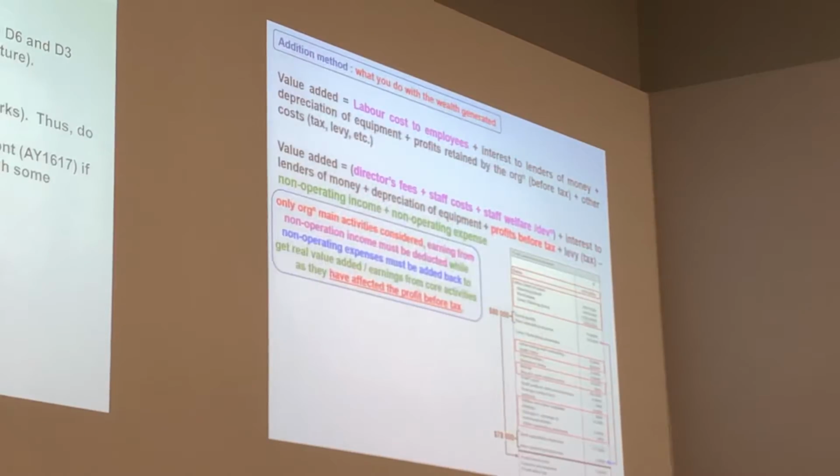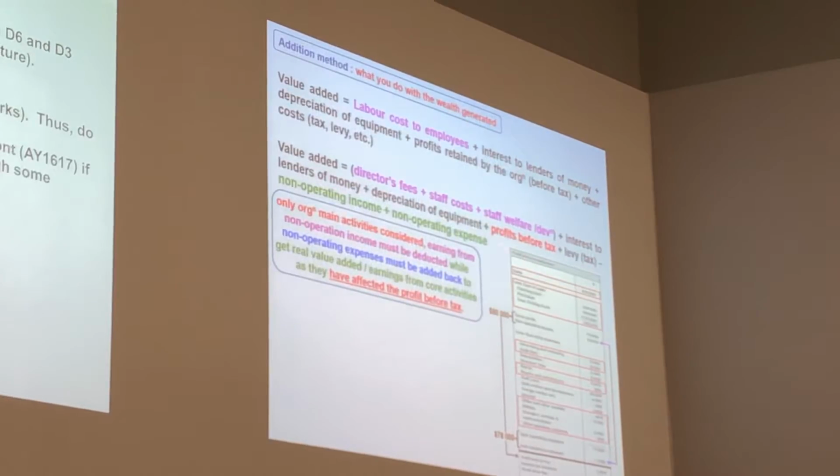So it's not from my organization's main activities. But it's there, and it's messing up my profit before tax. You notice that the 10K and the 1K actually affected why it was 2,000.